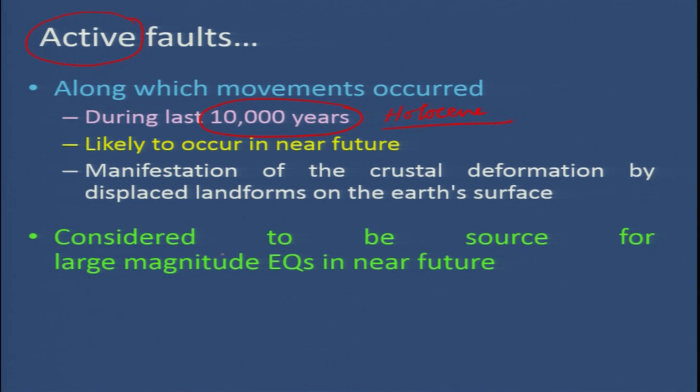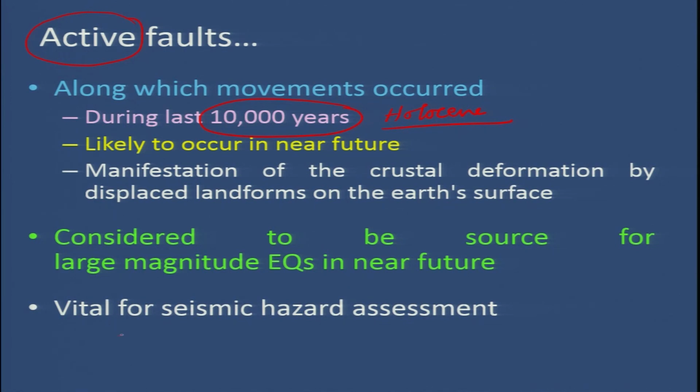Active faults are considered to be the source for large magnitude earthquakes in the near future, and they provide extremely vital information for seismic hazard assessment. So, that is one of the most important parameters which we require for the seismic hazard assessment of any given region.